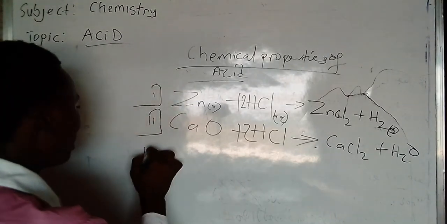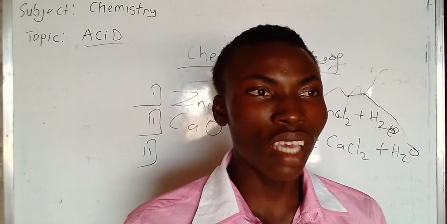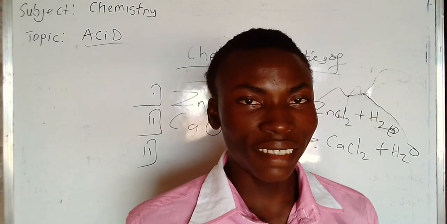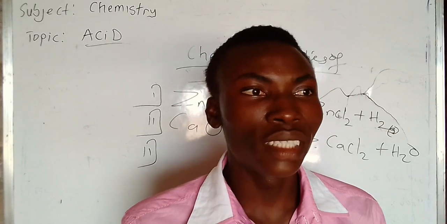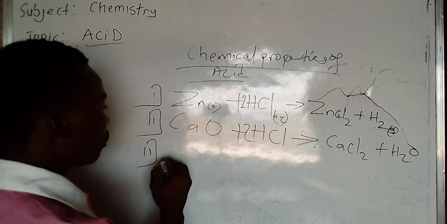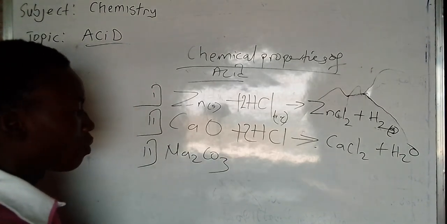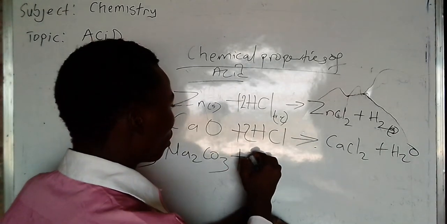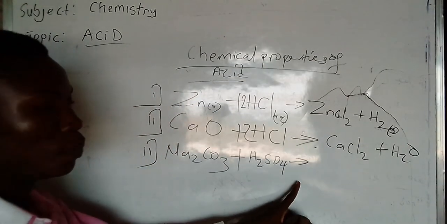Also, acid reacts with trioxocarbonate to produce carbon dioxide and water. Remember, acid reacts with trioxocarbonate to produce carbon dioxide and water, but not carbon dioxide only. A salt is produced alongside. E.g., when we have the reaction that occurs between Na2CO3, this is a trioxocarbonate compound, plus H2SO4, what will be the product formed?